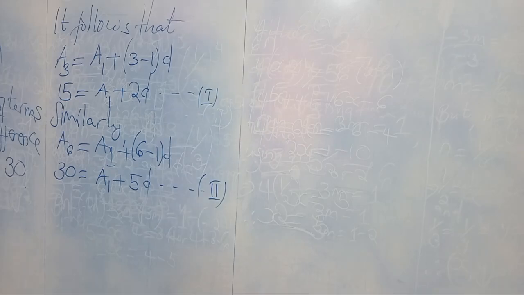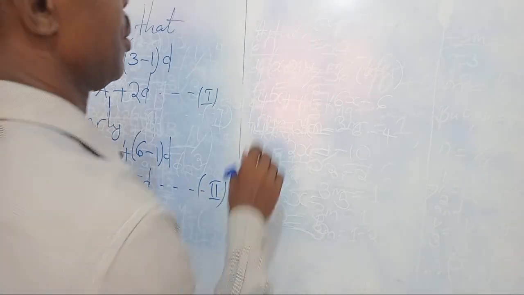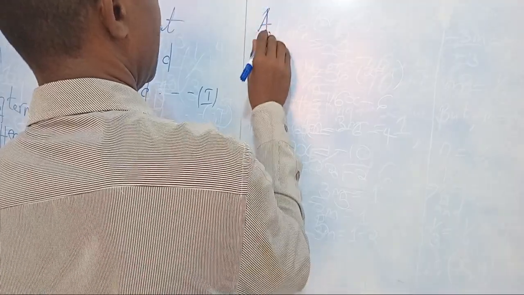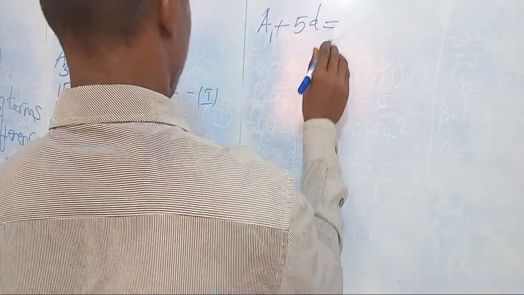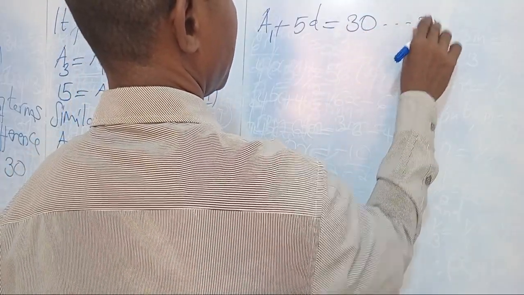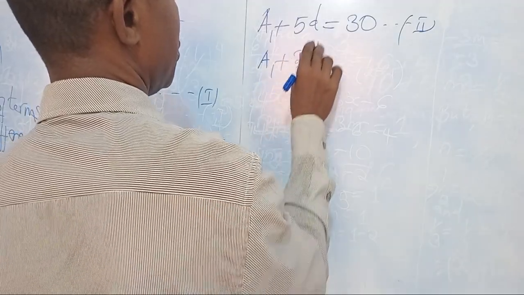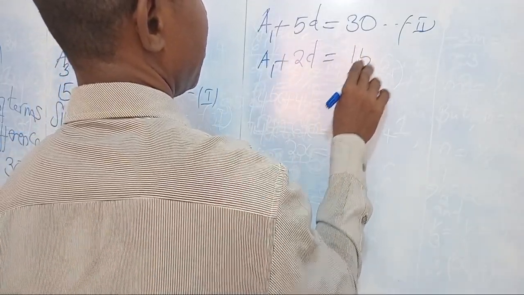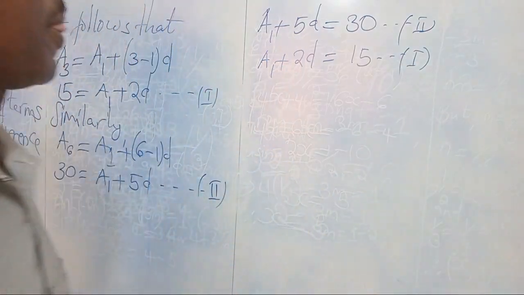So we rearrange the equations like this: A1 plus 5d equals 30, this is equation number 2. Again, A1 plus 2d equals 15, which we named equation number 1.